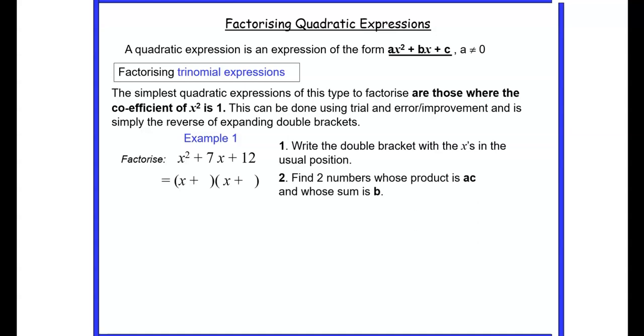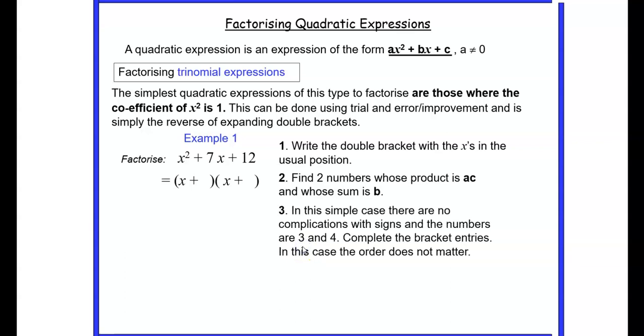Find two numbers whose product is ac, so in this case 1 times 12, and whose sum is b. Sum or difference, but in this case it's sum. So what two numbers, when you multiply them you get 12, and when you add them you get the 7 in the middle?